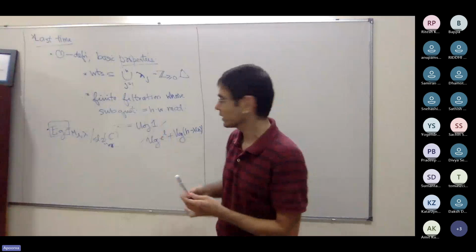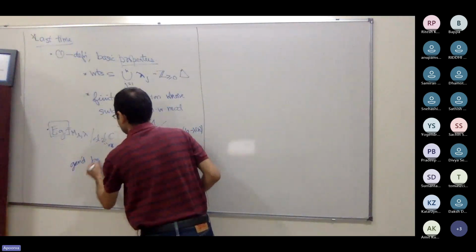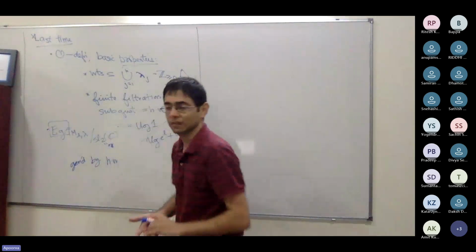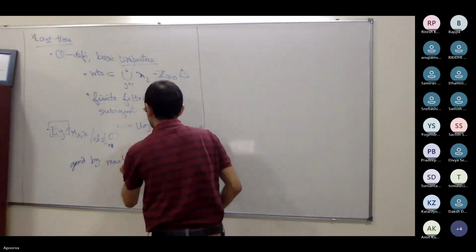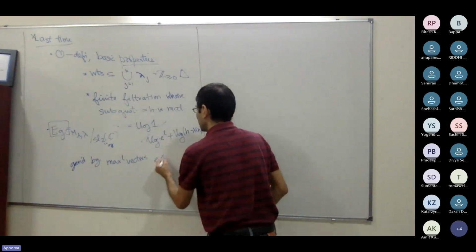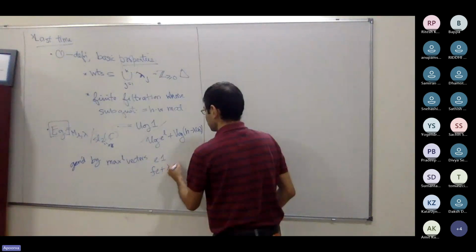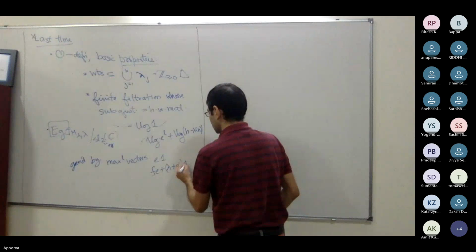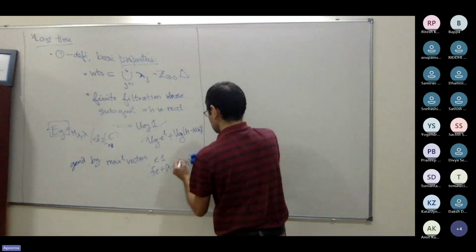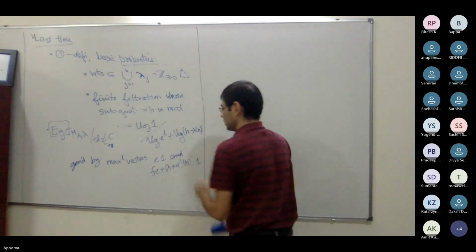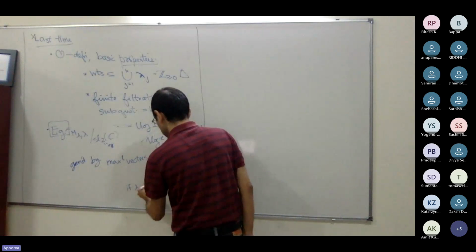This was generated by two highest weight vectors, maximal vectors: e times 1 and f e plus lambda plus alpha of h times 1, if lambda is not equal to minus alpha.